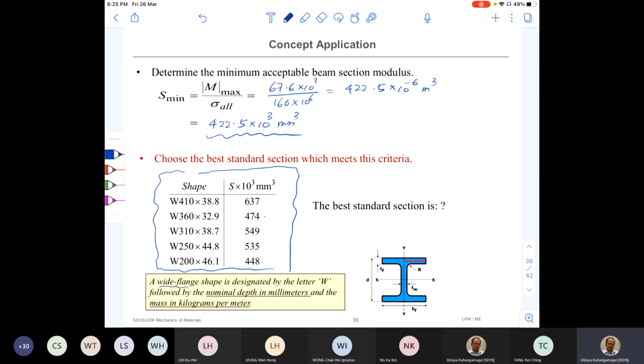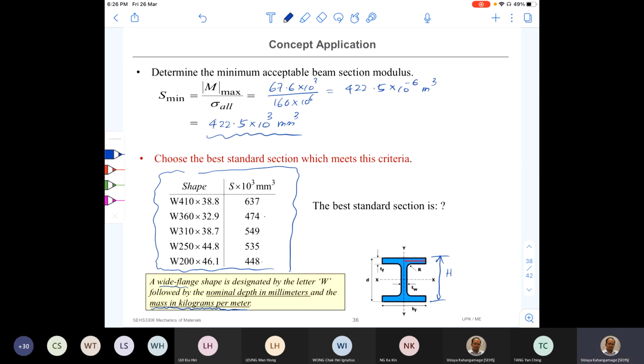The next three digits is the nominal depth in millimeters. This depth, I mark it as H. And the next one is the weight or the mass in kilograms per meter.